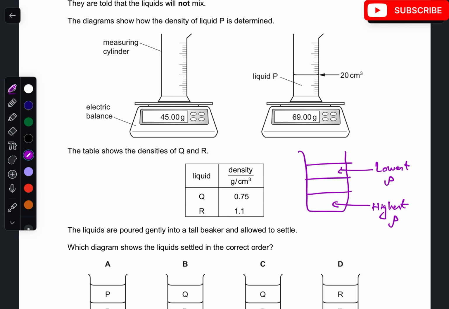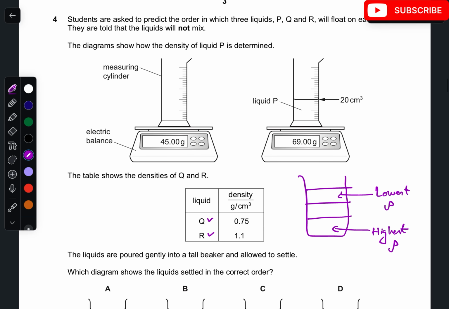Okay, so we need the density for the liquids. We know the density of Q and we know the density of R, and for liquid P we have the data. We know the density is equal to mass divided by the volume. They are telling you here the mass of only the beaker, the measuring cylinder, and when the liquid is added the mass is this.